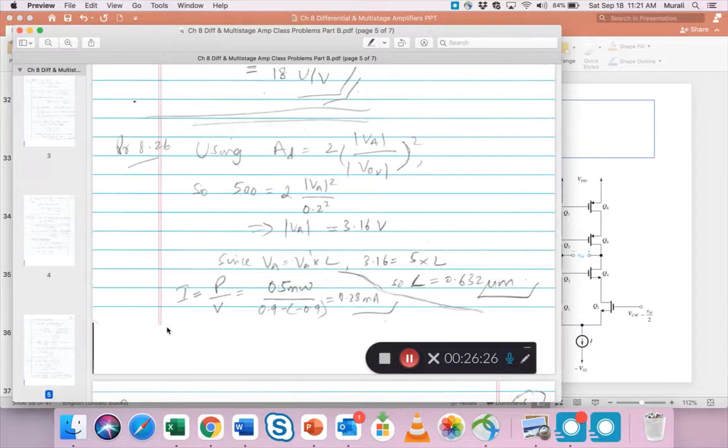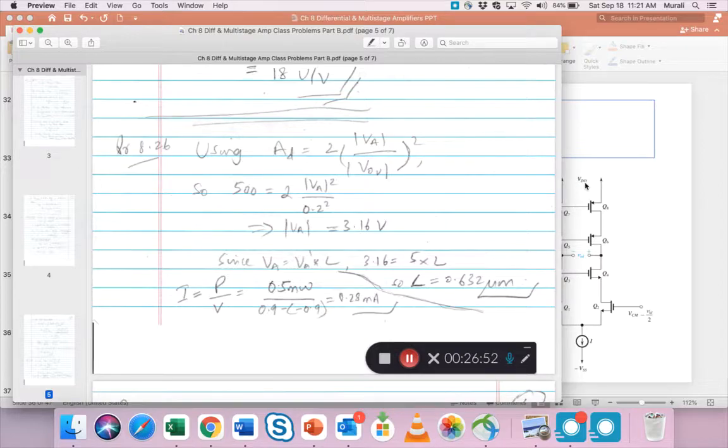Now part B of the problem is how to find I, right? So power is VI, so I is power by V. Power is 0.5 milliwatts. What is the applied voltage across this whole thing? So the applied voltage is the voltage at the top minus the voltage at the bottom, right?